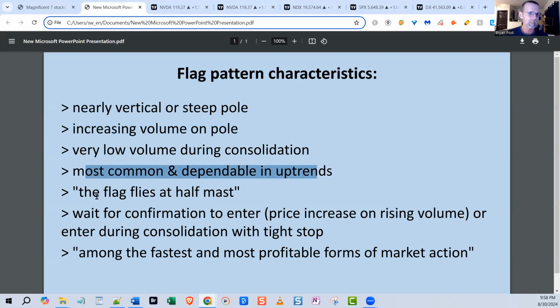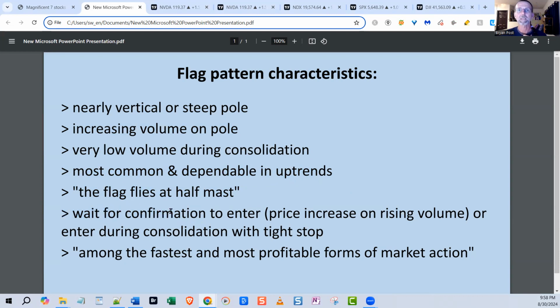The flag flies at half mast, which is how a lot of analysts talk about flag patterns. I use similar language, that the flagpole gets replicated to the upside. This is just another way of saying that. This was a tip that's in the Bible.